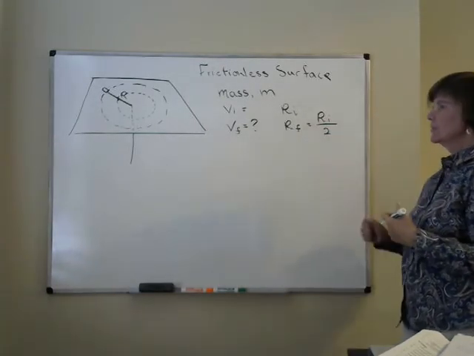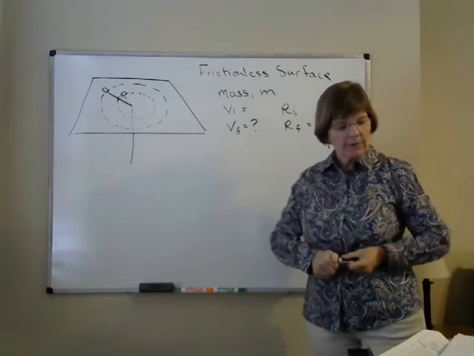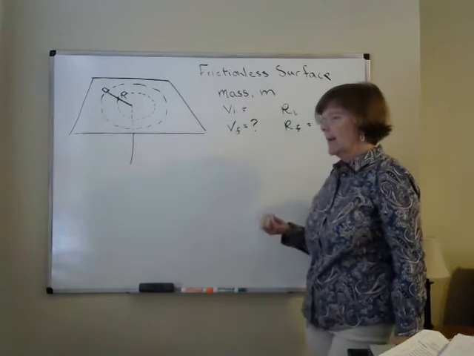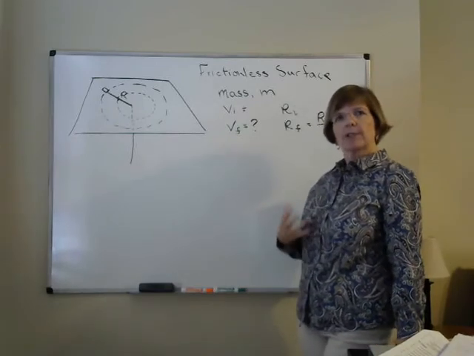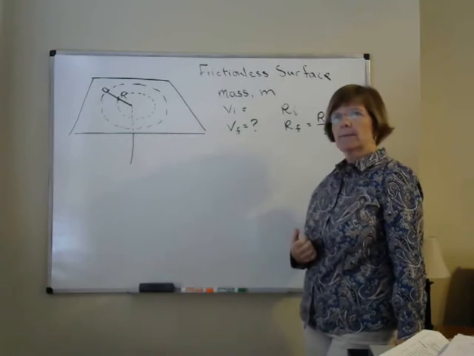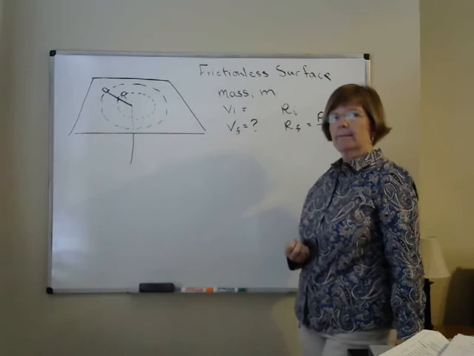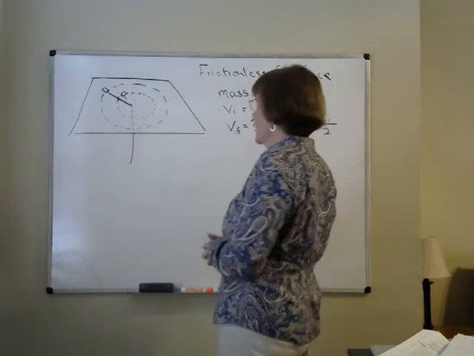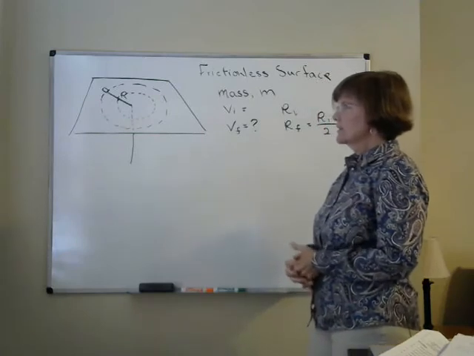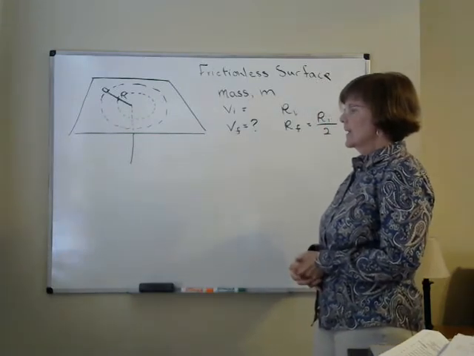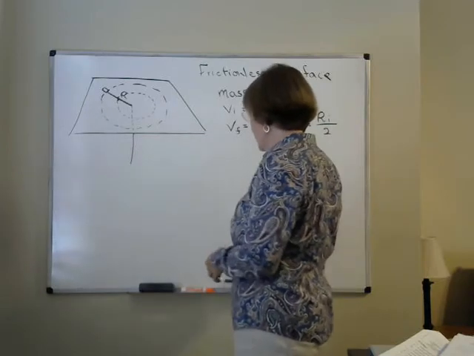If you pull the string and shorten the radius, first of all, we really want to decide: if I pull that string, I'm an external object, not part of this system. Am I going to exert a torque on it? Well, let's think about what it takes. The object is moving in a circle. If I pull on the string, let's think about the tension.